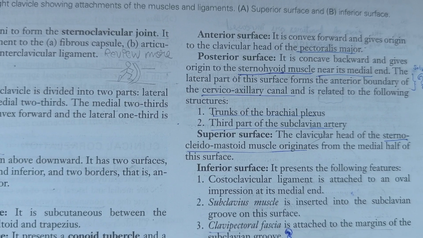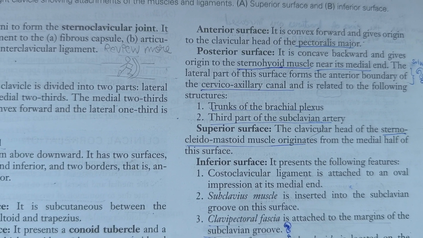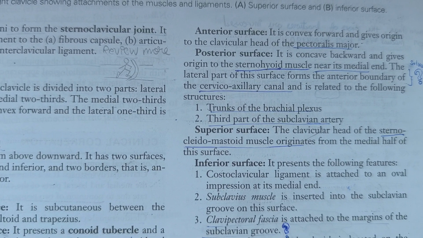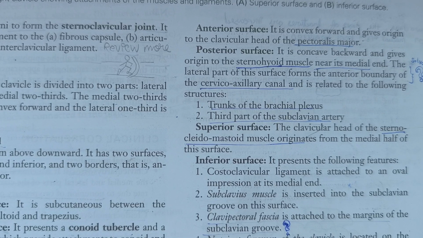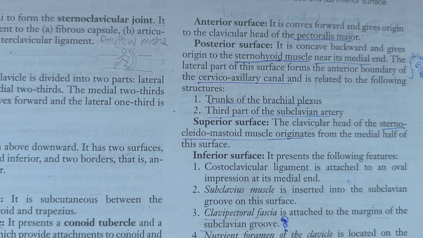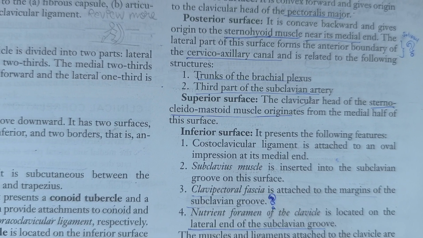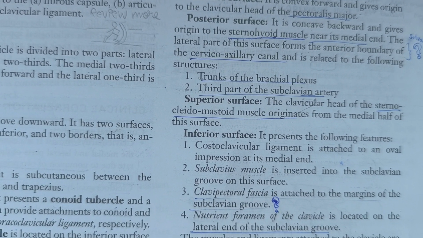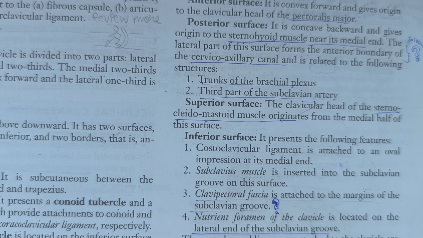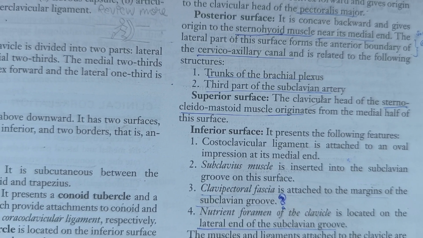So anterior surface is convex forward and gives origin to the clavicular head of pectoralis major muscle. Posterior surface is concave backwards and gives origin to sternohyoid muscle near its medial end.